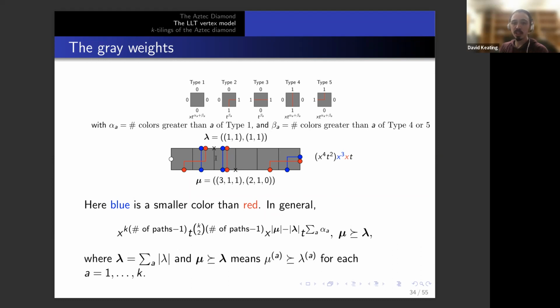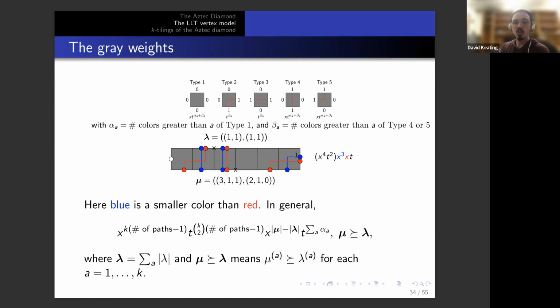There are a few technical details, in that you have to shift the content line over. If you do this, the weight will only be non-zero if mu and lambda interlace, and mu is the bigger partition. By the tuples of partitions interlacing, I mean each of the individual partitions interlace.